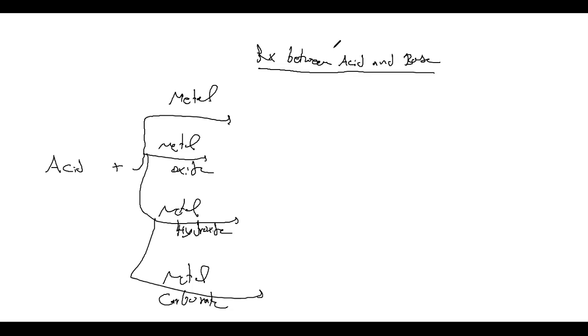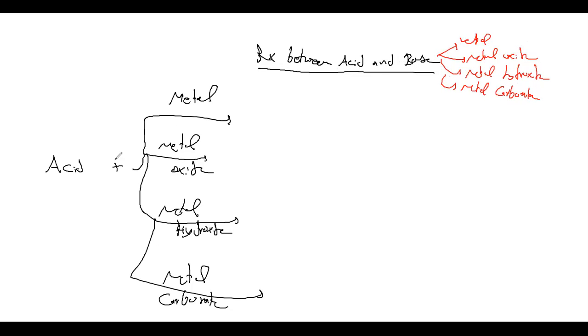So base means that it is metal, or metal oxide, or metal hydroxide, or metal carbonate. These are forms of base.